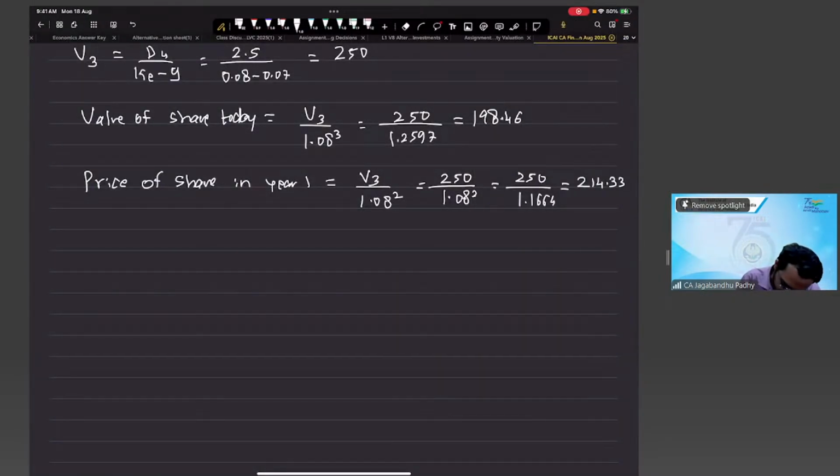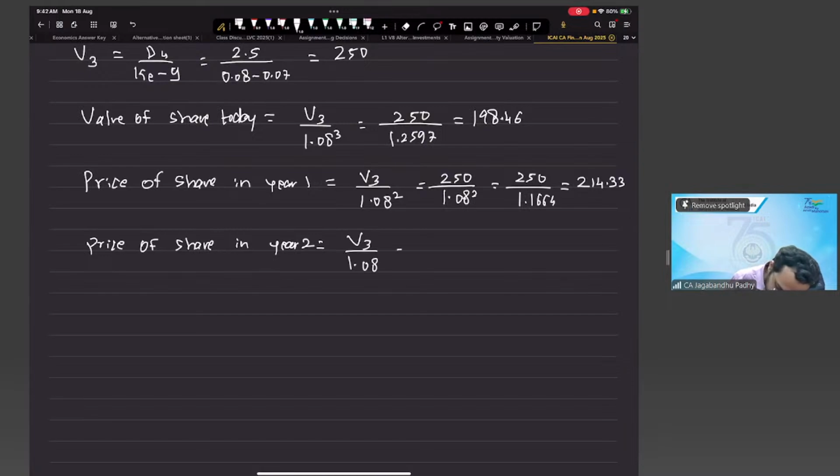Right? What will be the price of the share in year 2? Can you tell me how do I calculate this? How do I get the price of the share in year 2? V3 upon 1.08. Perfect. So it's going to be discounted by just a year.